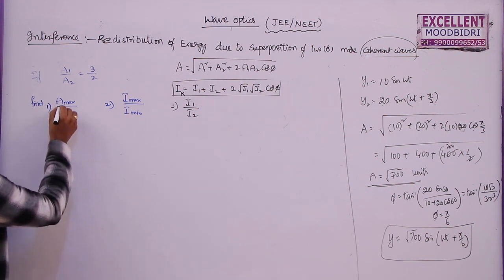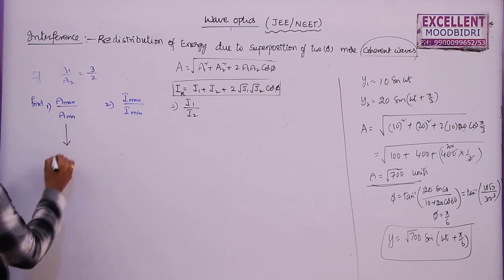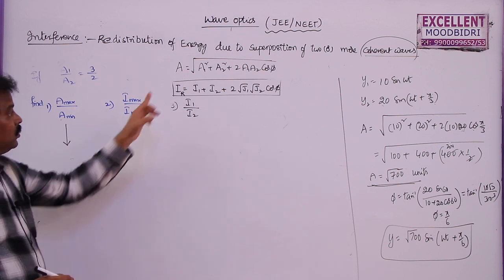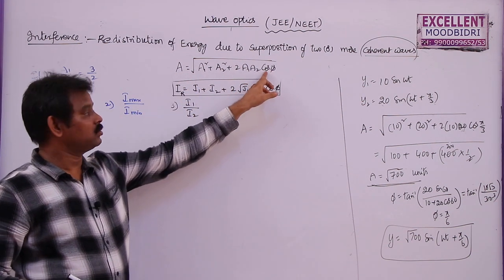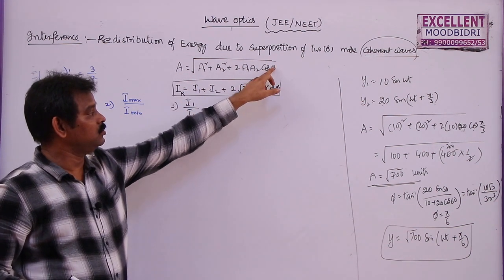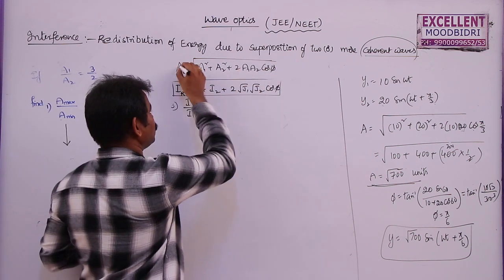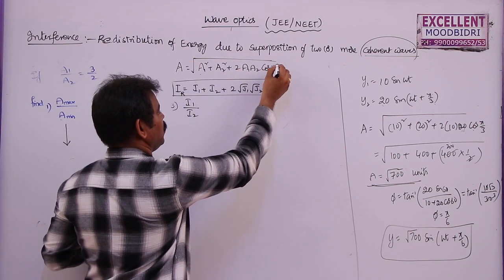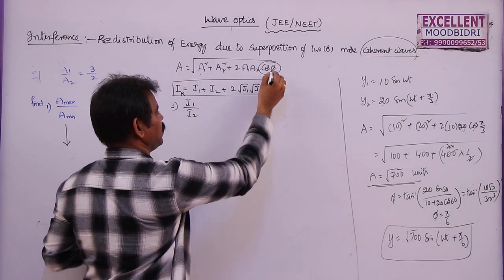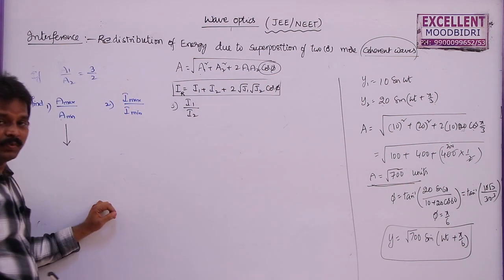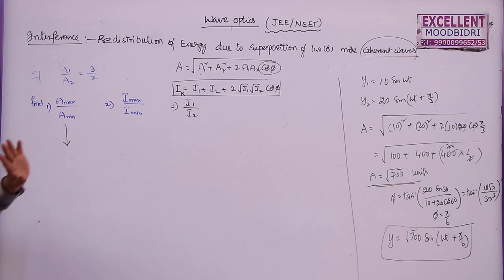Now what is A max by A min? So first let me find out this one. Amplitude is maximum if cos phi is 1 here, so phi must be 0. So amplitude not only depends on A1 A2, it depends on this phi value here. So for maximum value, phi must be 0 or cos phi must be equal to 1.